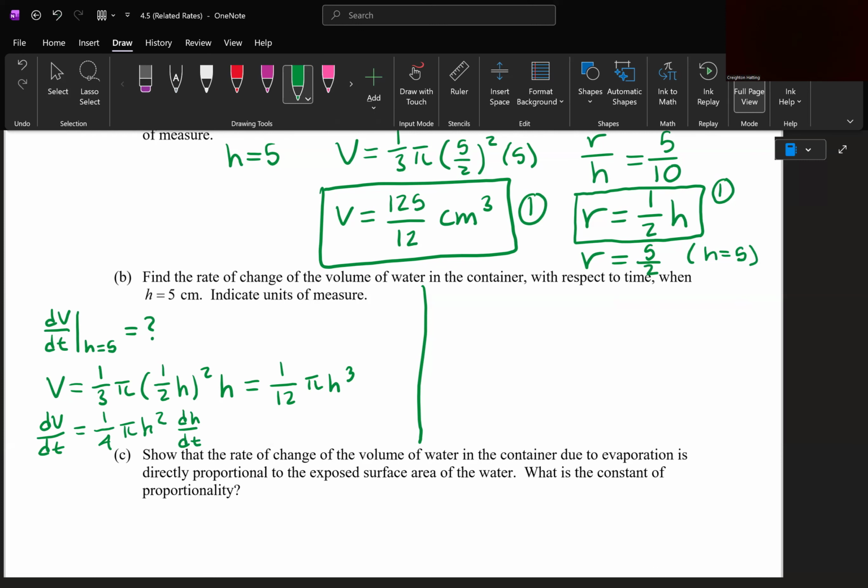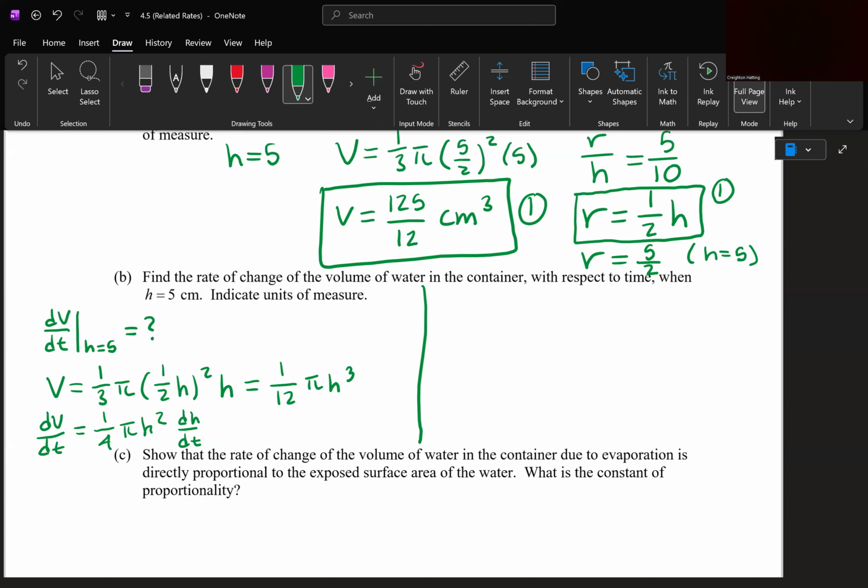Can't forget dH/dt because again, we're differentiating with respect to time. If you're not sure how to get that 1/4, work it out yourself. We're really just doing the power rule there, bringing that 3 down and dropping that exponent by 1. All right, we know h, we know dH/dt.